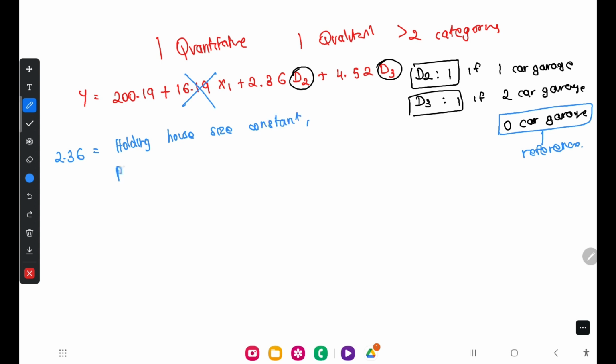the predicted value of the house, we are talking about D2, right? Predicted value of a house with how many car garage? D2 refers to 1.